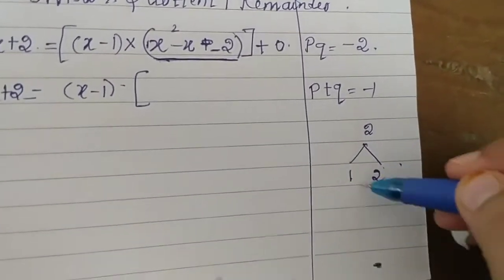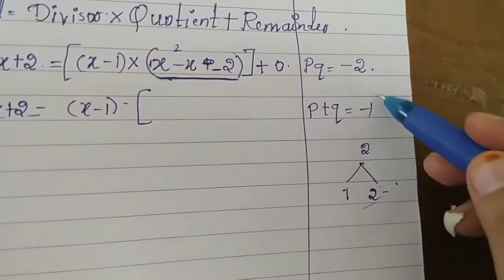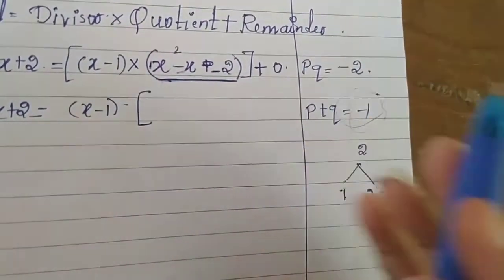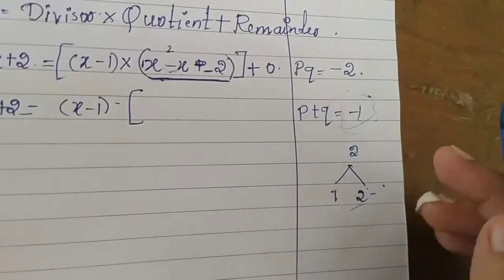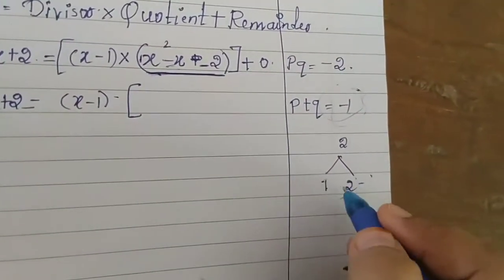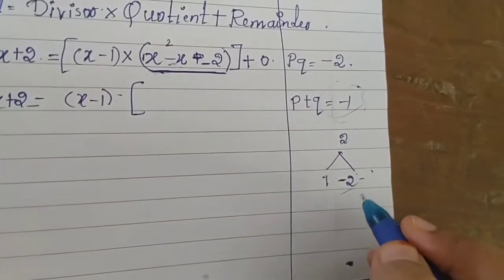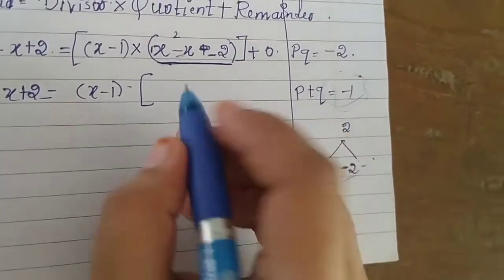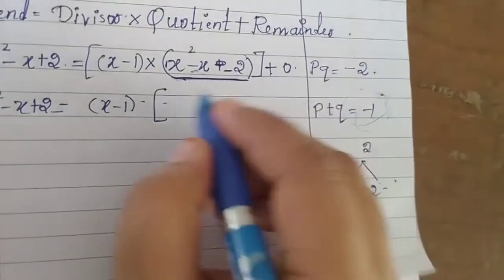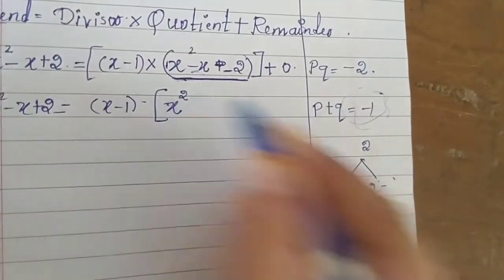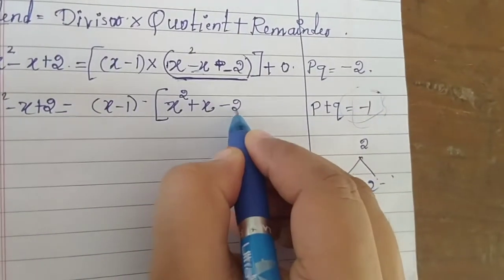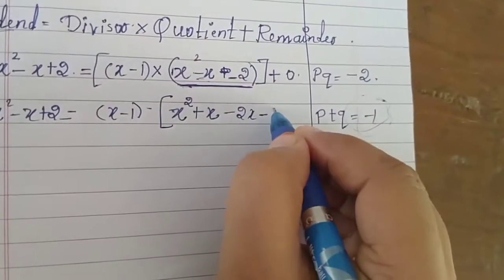By looking at this, whatever you get for the p plus q value, I mean the middle coefficient, it should be minus 1. That means the bigger number's sign is minus and this is plus. So now by the splitting method you have to write over here x square plus x minus 2x minus 2.